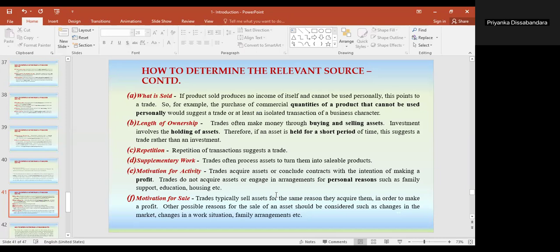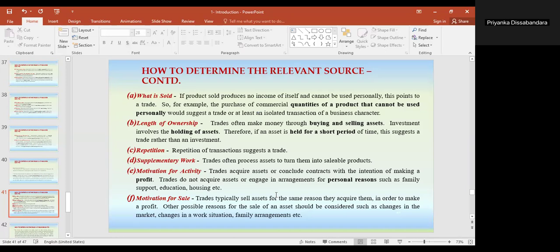If we are usually engaging in trading, then it will be a business income. If it is a small amount, and we do not do it regularly, then it cannot be a business. Products are sold continuously. If we are engaging in selling, then we can categorize it under business income.